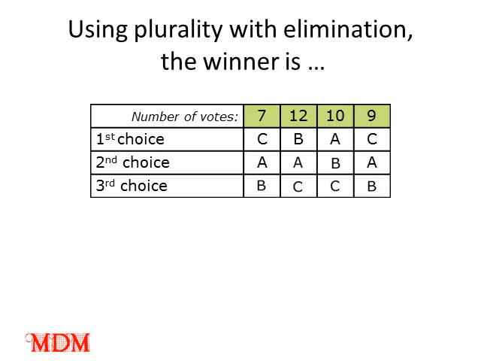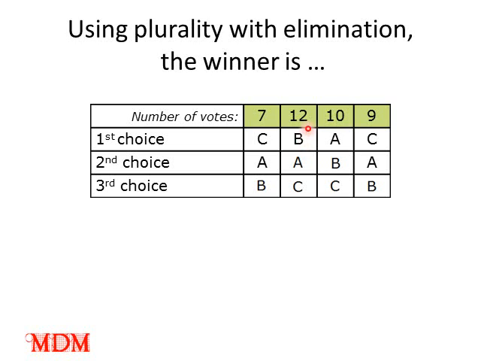Let's determine who the winner would be using the plurality with elimination method. Recall that for this particular method, we have to determine who has the fewest first place votes. Our candidates are A, B, and C. Let's consider them in alphabetic order. Candidate A has 10 first place votes.